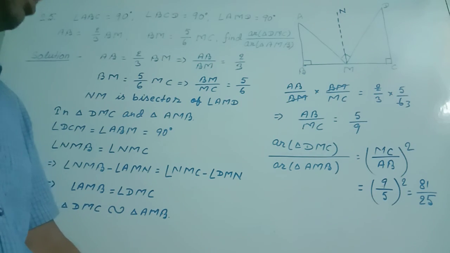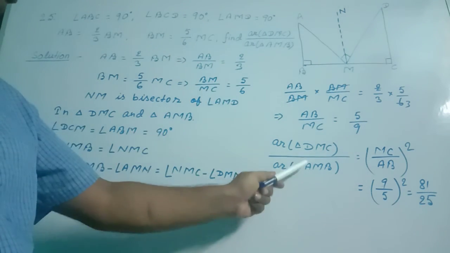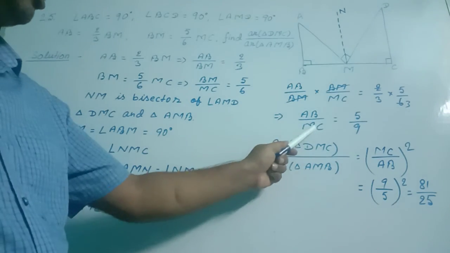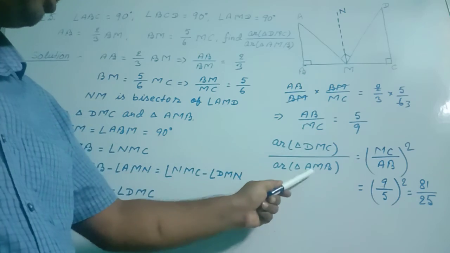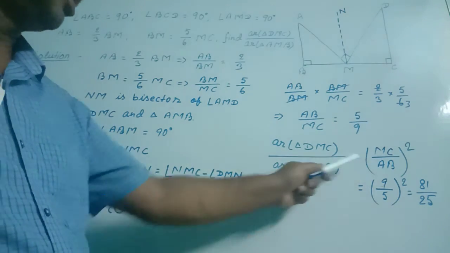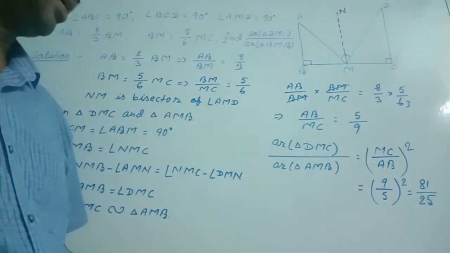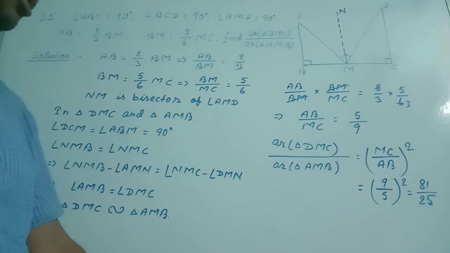The area of triangle DMC by area of triangle AMB is asked in the question. MC is the side of DMC, so I wrote MC as numerator. AB is the side of AMB, I wrote as denominator, squared. So 9 by 5 whole square, that is equal to 81 by 25. This became the answer.